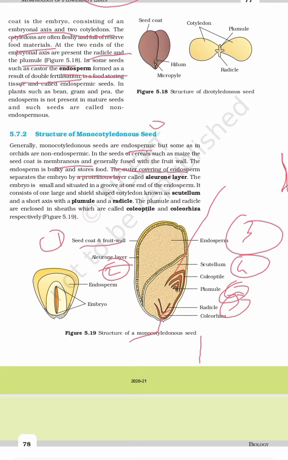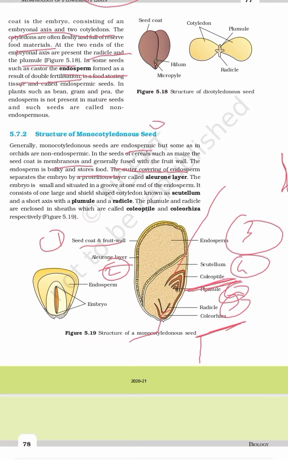The plumule and radicle need to be protected, so they are covered by a sheath. The plumule is covered by the coleoptile, and the radicle is covered by the coleorhiza. So this is all about the structure of the monocotyledon seed.